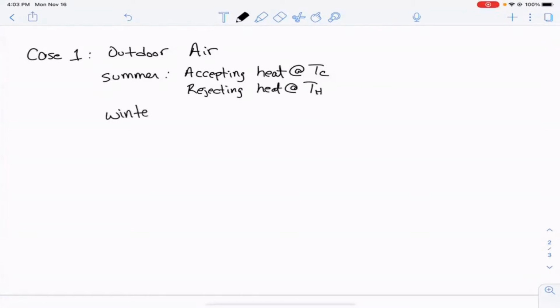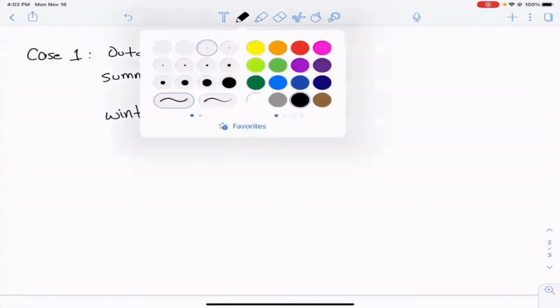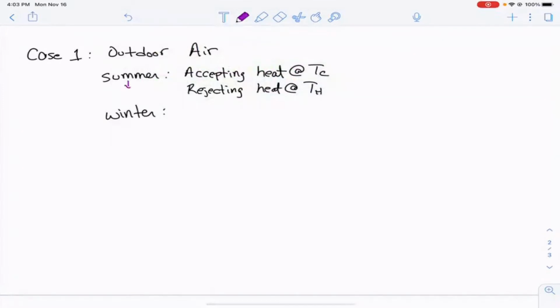And in the wintertime, the temperature outside is colder than the temperature inside. So let's draw that distinction here. In the summer, T outside is greater than T inside. In the winter, T inside is greater than T outside. So what happens in the wintertime is that we accept heat again at the colder temperature. We want to pump heat from the outside to the inside.